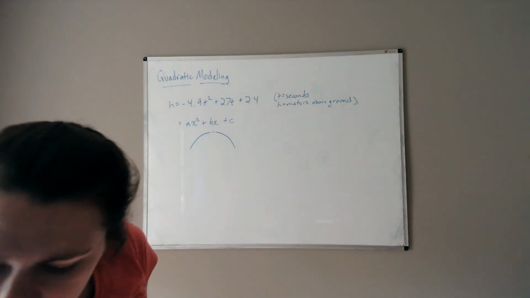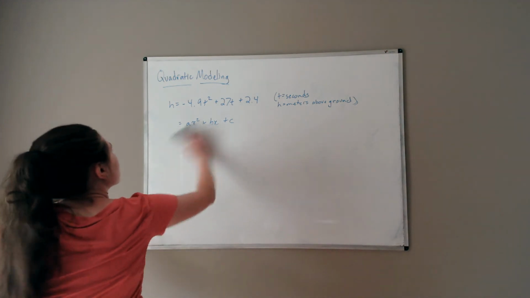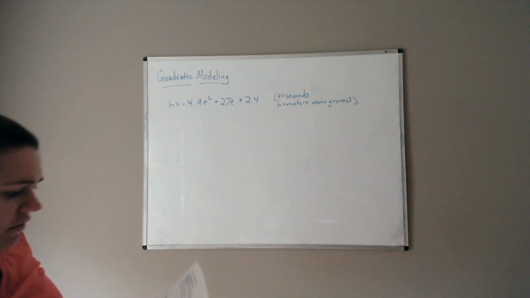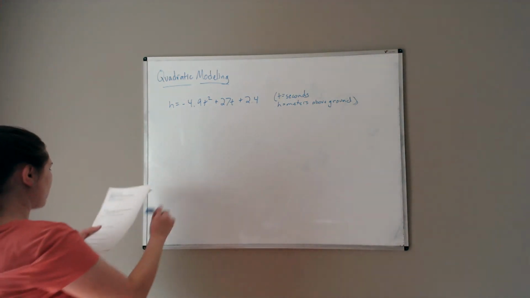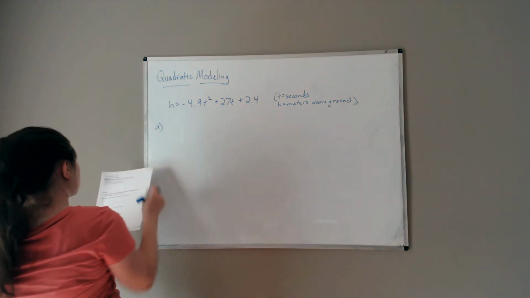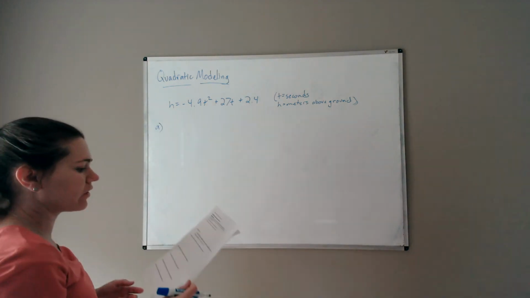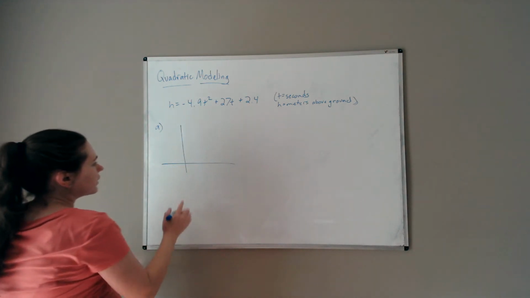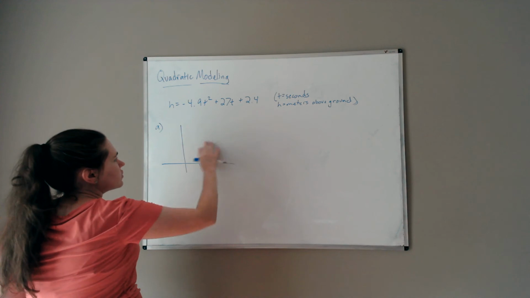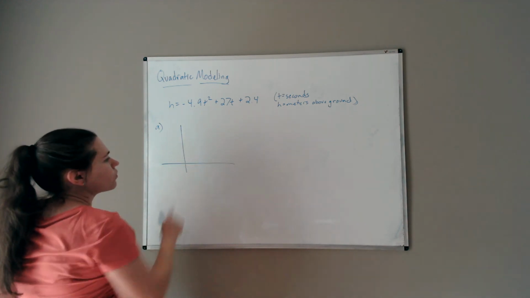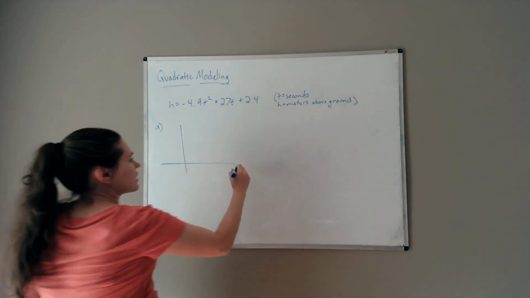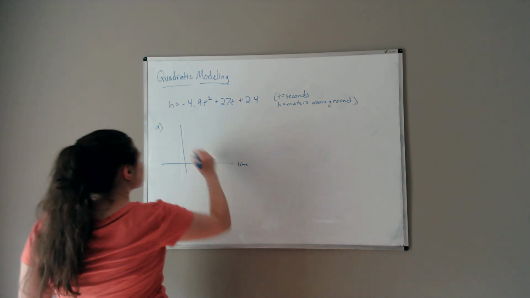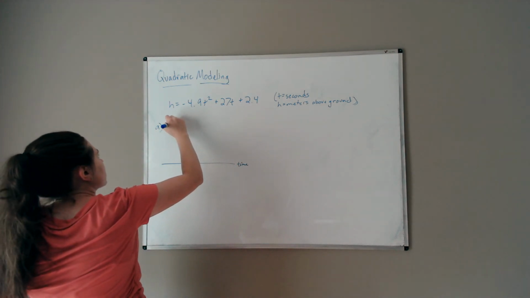Now that I've discussed the vertical motion model, we can go and do number 1, which says make a sketch of the height of the water balloon after being catapulted. So if we think about this, here's quadrant 1. Do we really need quadrants 2, 3, and 4? No, because remember the input is time and the output is height above the ground.